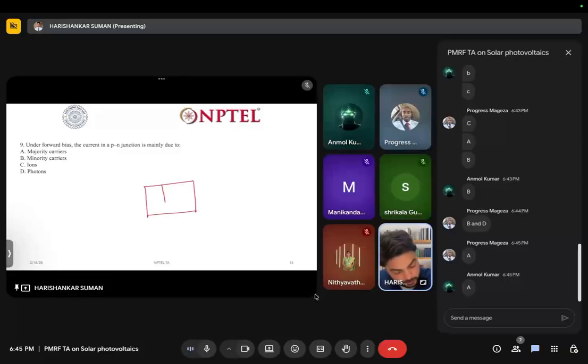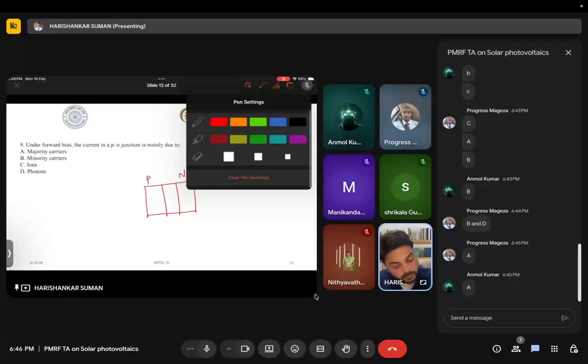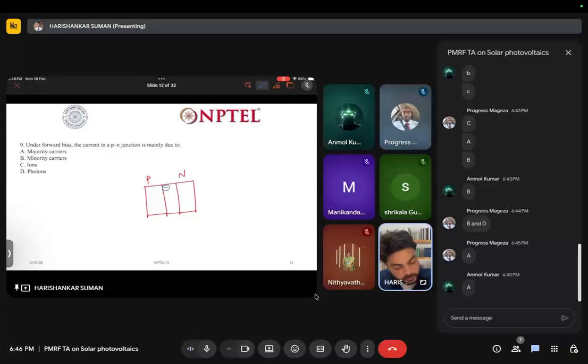You have P and N, and let's say this is minus minus. We have discussed these things. How we connect: P is connected to the positive terminal, N is connected to the negative terminal.